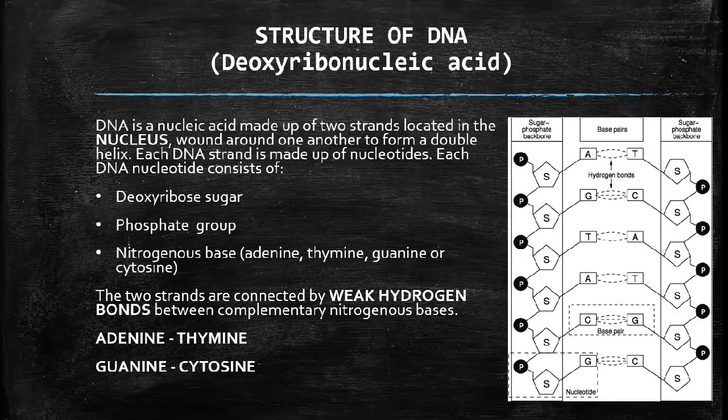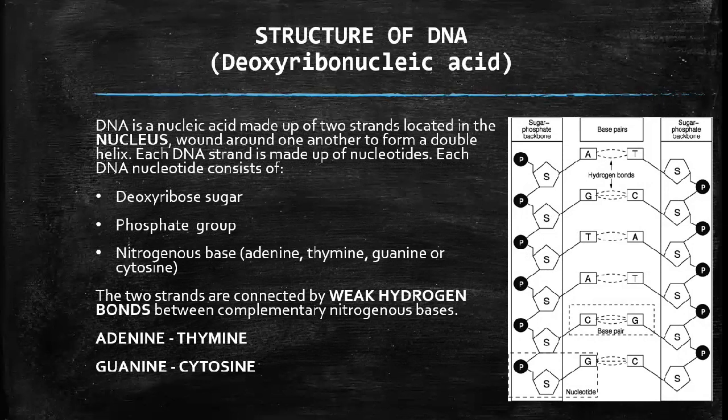Now the two strands are connected by what we call weak hydrogen bonds. It's very important for you to emphasize that these bonds are weak, because if you don't, you're going to forfeit points. Sometimes the people who mark your scripts during matric can be lenient and accept hydrogen bonds, but to avoid losing marks, please include the word weak.